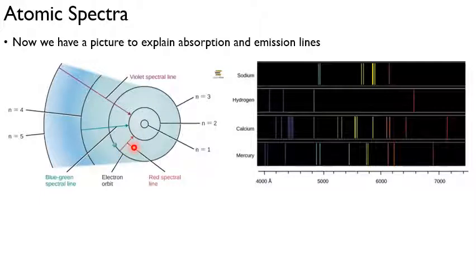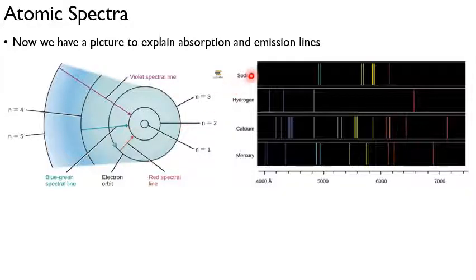So it just depends on the energy difference between these two energy levels. So in this case here, you have a very large energy difference, and so that's going to be higher frequency light. Right, here's a smaller energy difference. It's going to be lower frequency light and a longer wavelength.